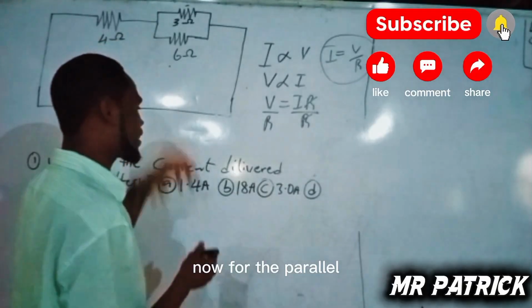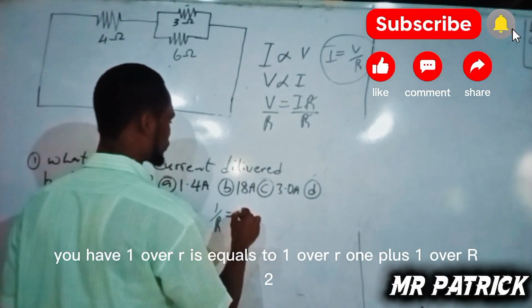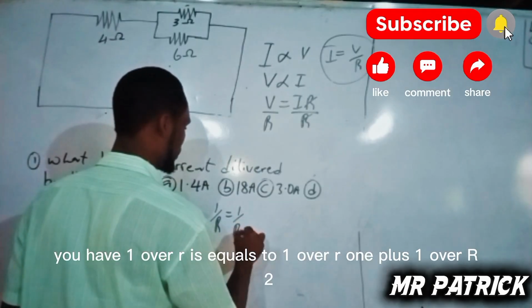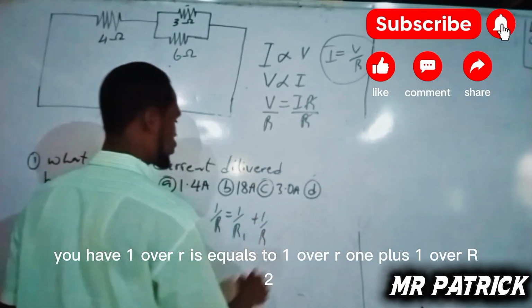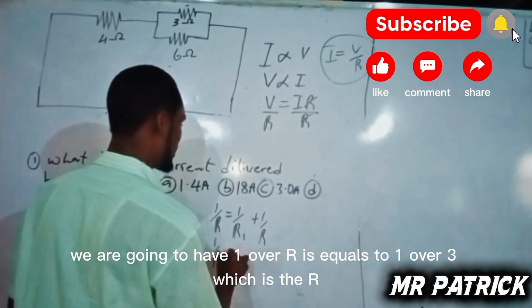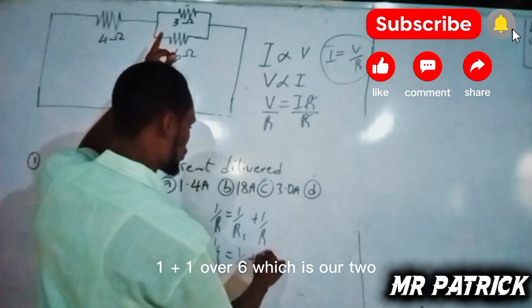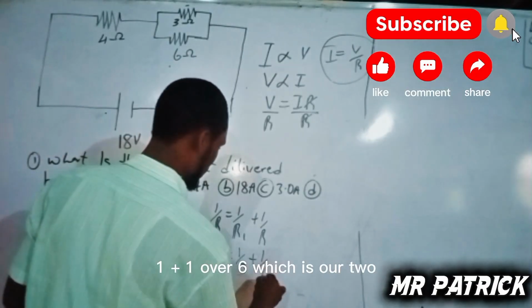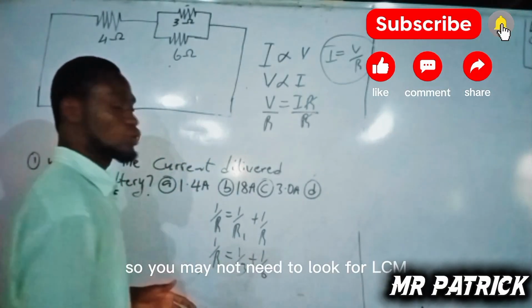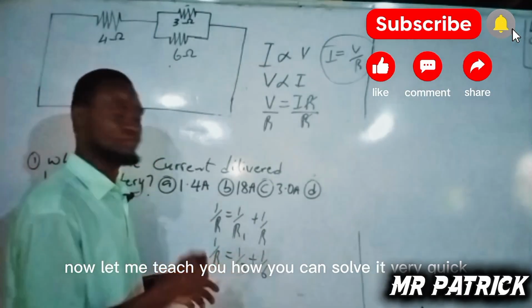For the parallel, you have 1 over R is equal to 1 over R1 plus 1 over R2. So if we use this formula, we are going to have 1 over R is equal to 1 over 3, which is R1, plus 1 over 6, which is R2. So you may not need to look for the LCM. Now let me teach you how you can solve it very quickly.